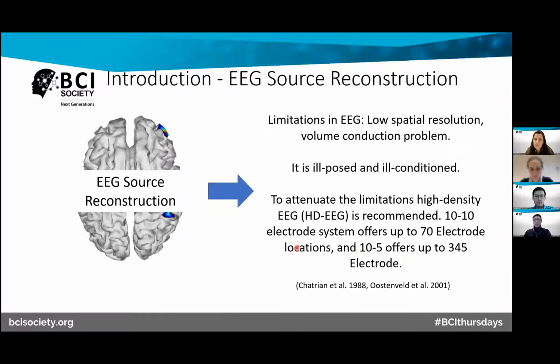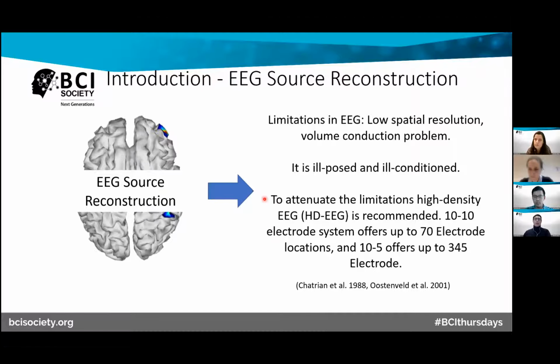There are some limitations for EEG source reconstruction, with our low spatial resolution compared with other techniques of brain imaging. And there is also the volume conduction problem, in which potentially all the electrodes can pick up activity from all the different sources, and they mix while they flow across the brain. This makes the estimation harder.